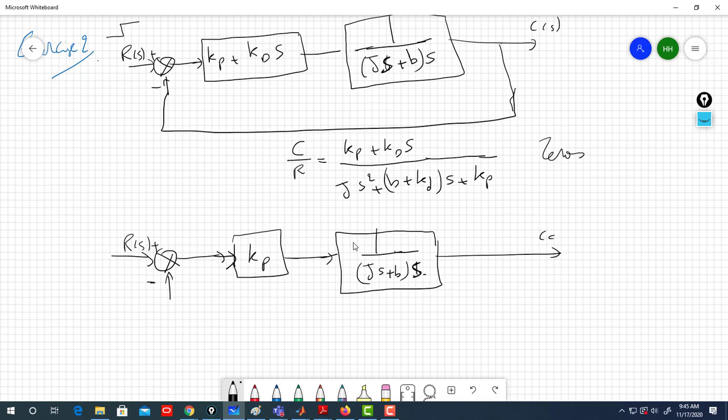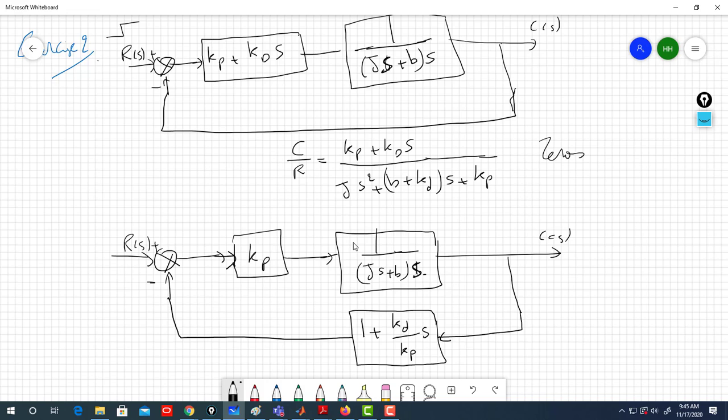This is your C of S, and you remember what we did with 1 plus KD over KP S. That's what we called proportional plus velocity feedback.